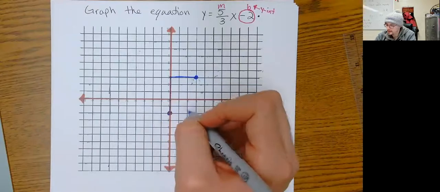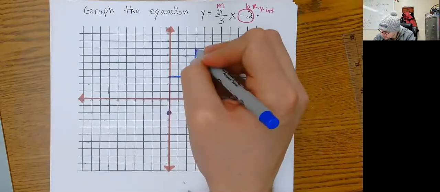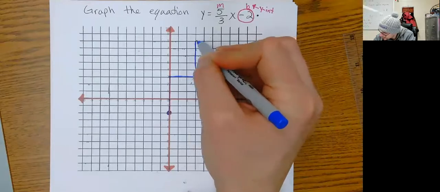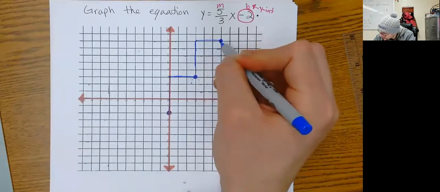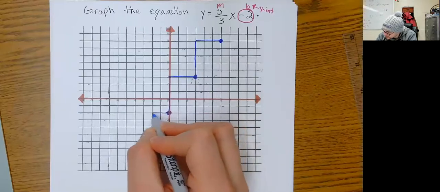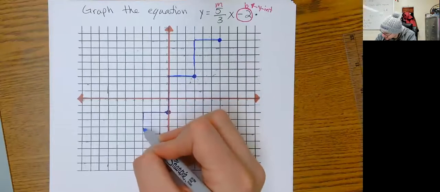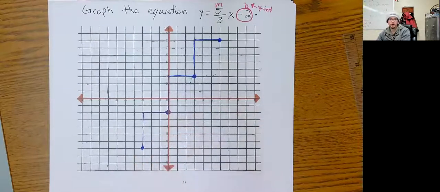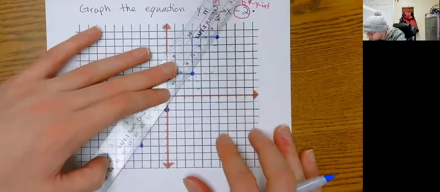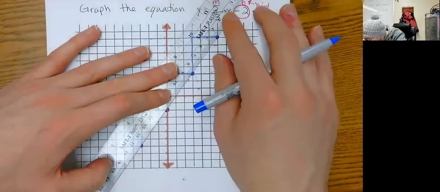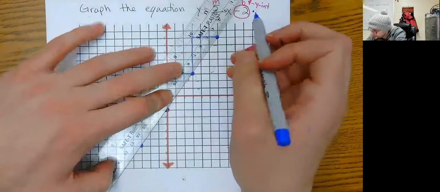I like to build my staircase, so I'm going to go up another 5 and then over 3. I'm also going to go backwards so you can build the staircase this direction. So this way 3, down 5. So now I got quite a few points to go on with my ruler. So I'm going to line all these up with my ruler. Try and get them as lined up as possible.